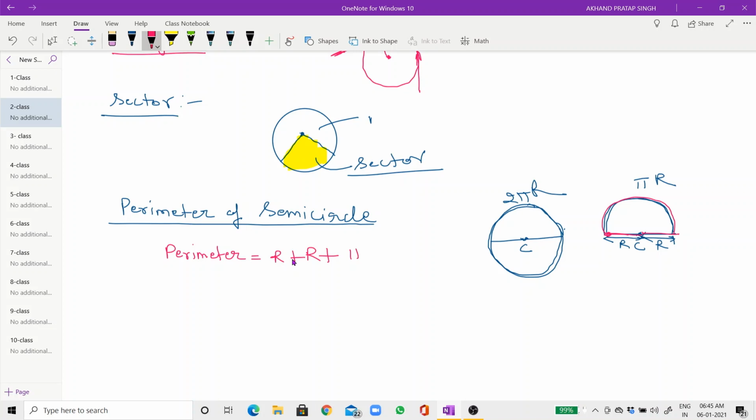So it becomes r plus r, that is 2r plus pi r. If you take r as common, it is (pi plus 2) r.